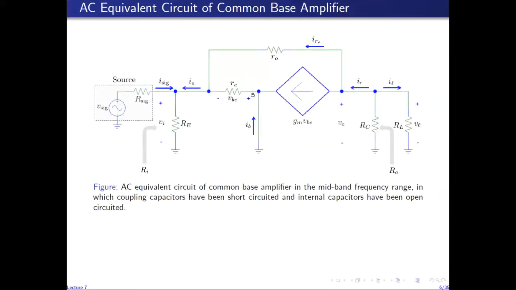So R1 in parallel with R2 is actually a resistor in parallel to this short circuit. But because of this short circuit, it is ineffective, so we ignore it. So this is the collector terminal. We have RC connected to the collector on one side and ground on the other. RL is connected to the collector on one side and ground on the other.